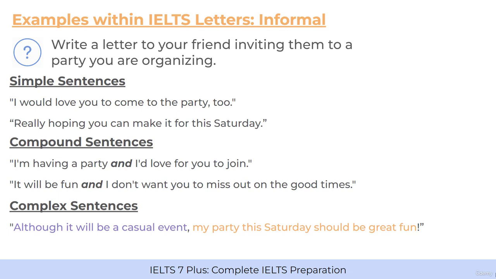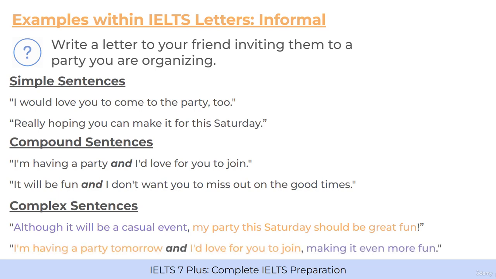Let's mix it up just a little bit for this final example. I'm having a party tomorrow and I'd love for you to join, making it even more fun. So this is an example of a complex sentence with a bit of a mix of clauses involved. We actually start with a compound sentence with a conjunction in the middle.